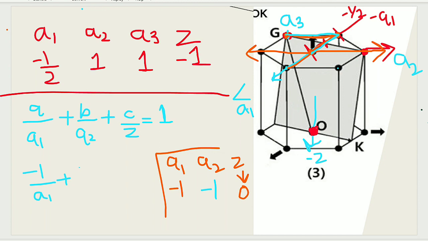B is the B coordinate, which is -1, over the A2 intercept, which is 1, confirmed, plus C was 0, so it will become 0, equals 1. So we have -1 over A1.